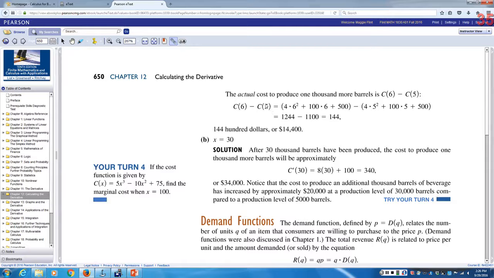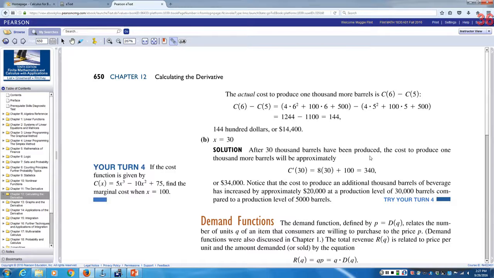And the cost of producing 5,000 was 4 times 5 squared plus 100 times 5 plus 500, and that totals up to 1100. So the actual cost to produce 1,000 more is $144,100 minus $110,000, or $14,400. That's the actual cost. So marginal cost does not give you the exact cost, but it gives you a very close approximation.